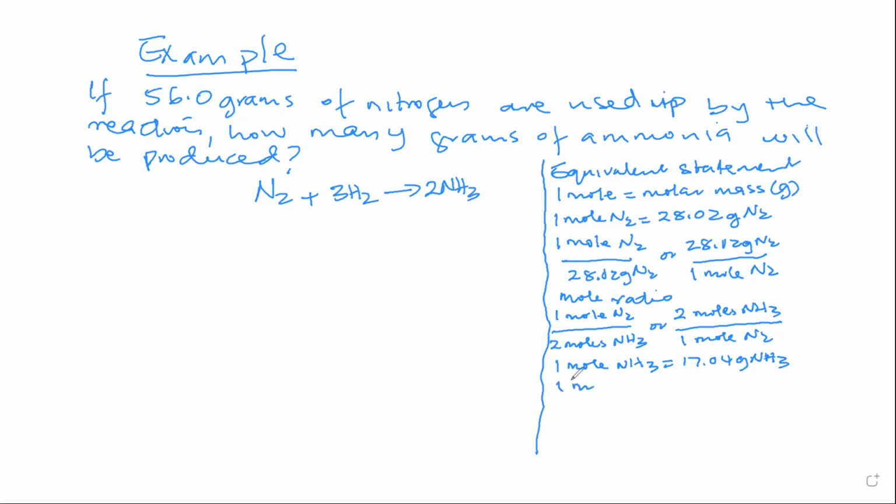So we put this in conversion factor form, or 17.04 grams of ammonia over 1 mole of ammonia.